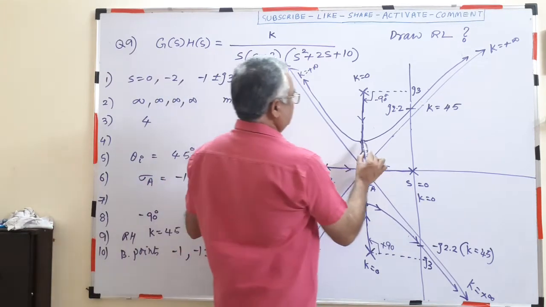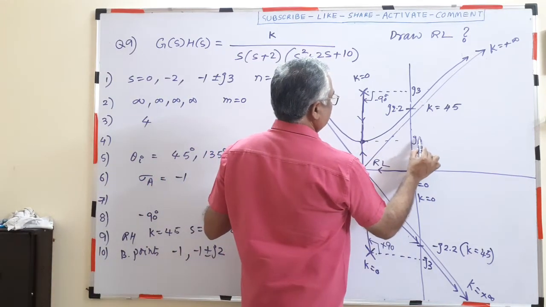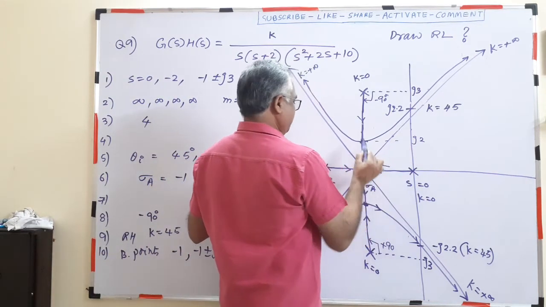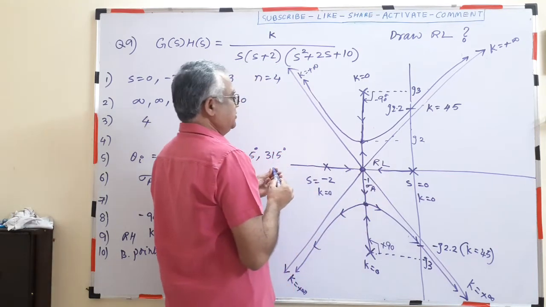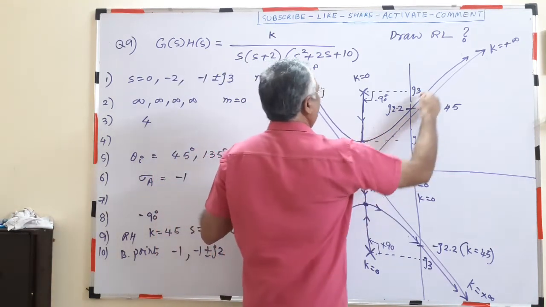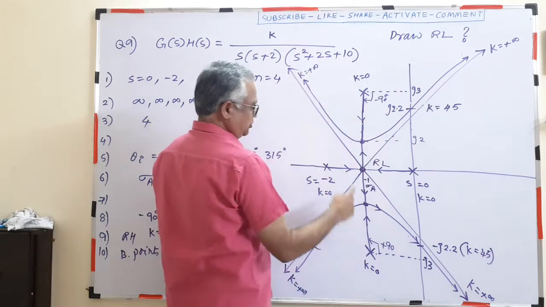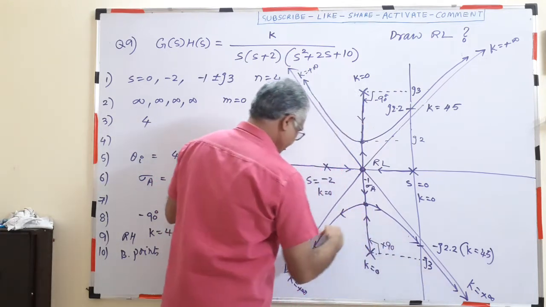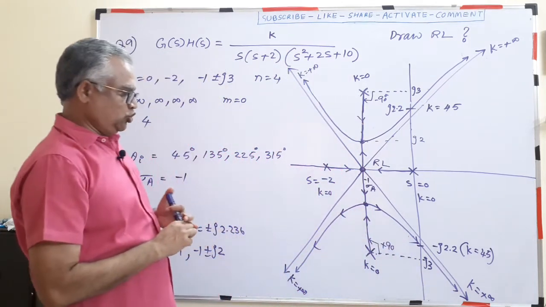So this value is j2. This is one breakpoint, and this is another breakpoint. After that, they will follow the nearest asymptote.